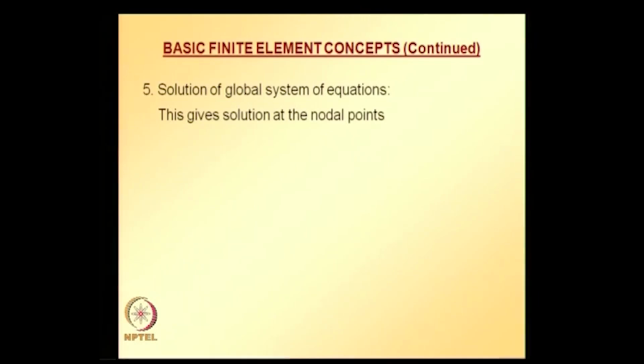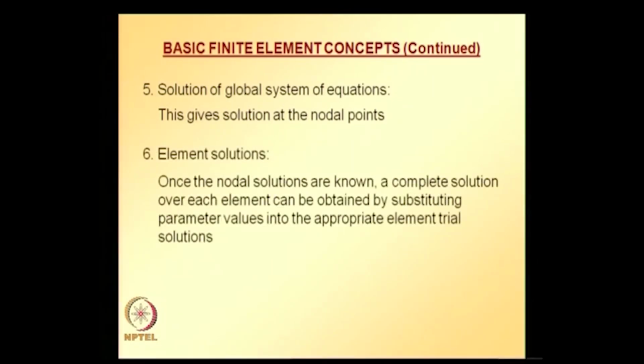Once we have the global equation system, after applying the boundary conditions, we can solve for the nodal values, or the solution at nodal points. And the rest is similar to what you already experienced.